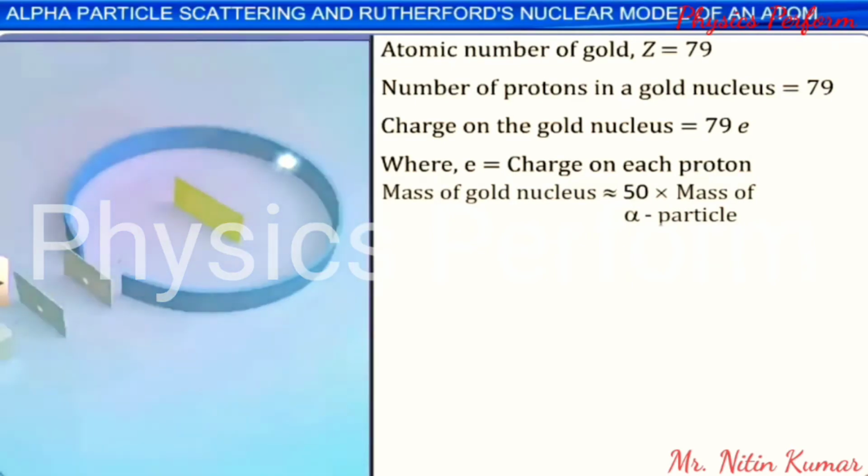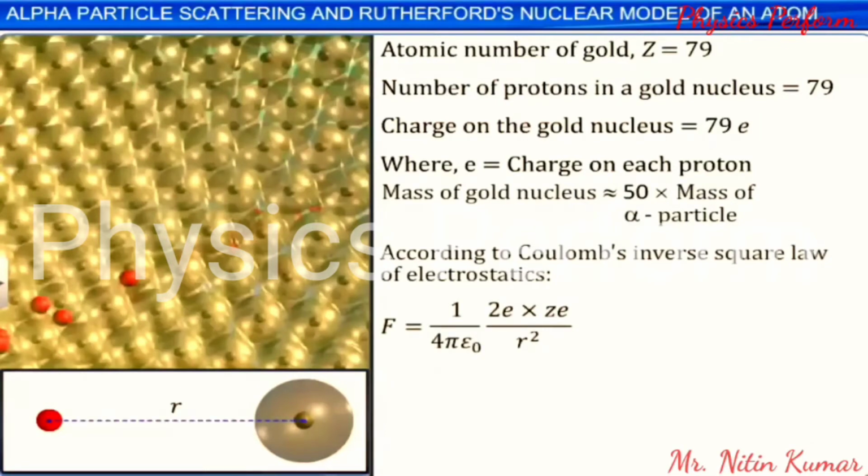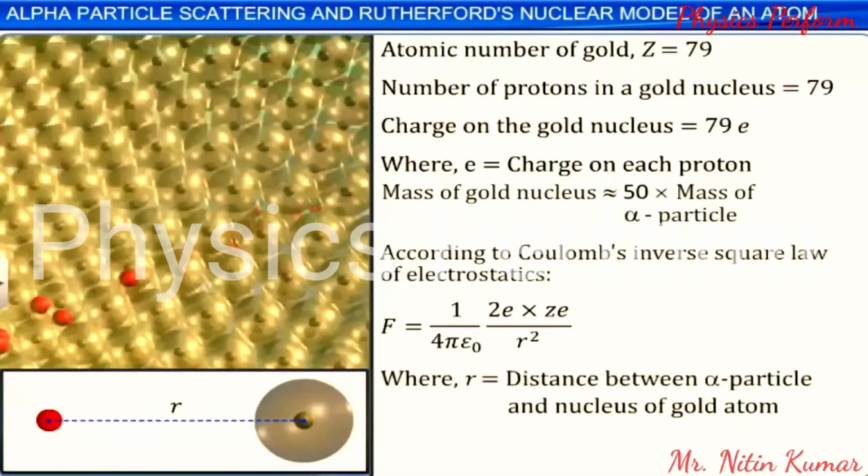Now, according to Coulomb's inverse square law of electrostatics, the magnitude of the repulsive force between the alpha particle and the gold nucleus, F, is equal to 1 by 4 pi epsilon naught into 2e into Ze by r square, where r is the distance between the alpha particle and the nucleus of the gold atom.